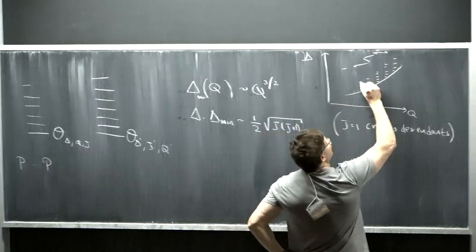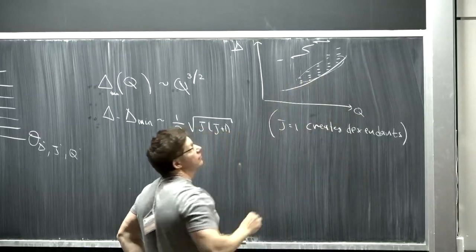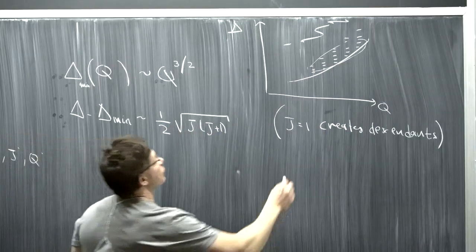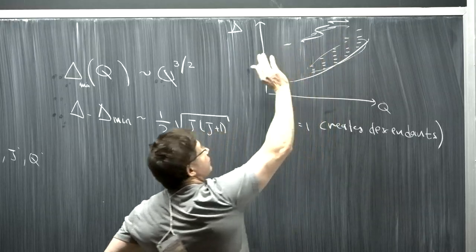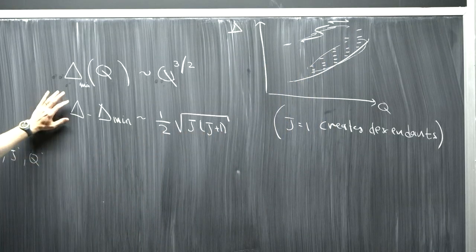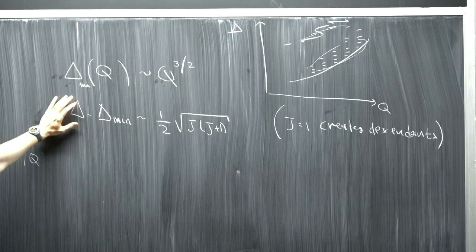The phonon theory allows you to predict the next couple of primaries and their descendants. Of course, at some point this effective field theory breaks down, because the cutoff is roughly when the gaps become of order square root of Q. So you can trust this up to some point, but you cannot go beyond that.